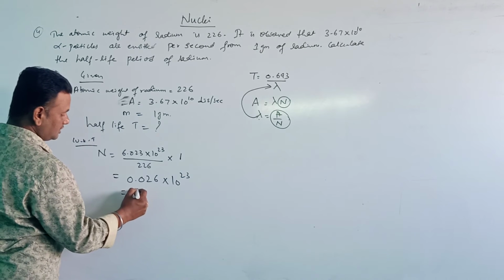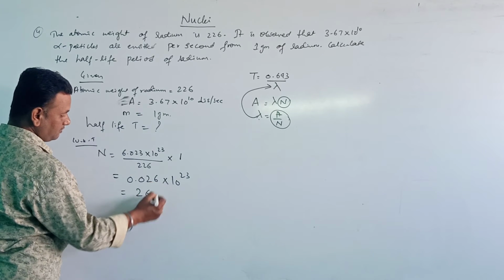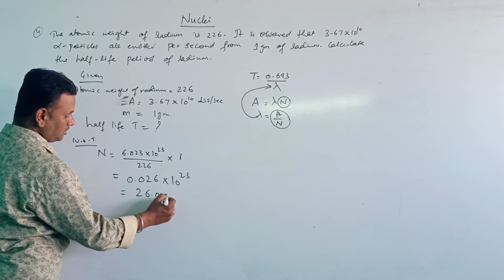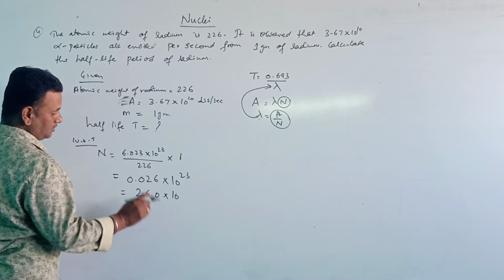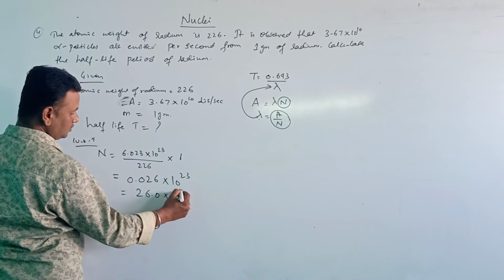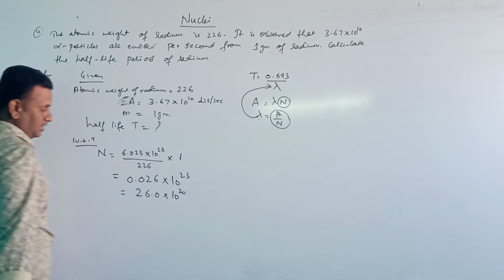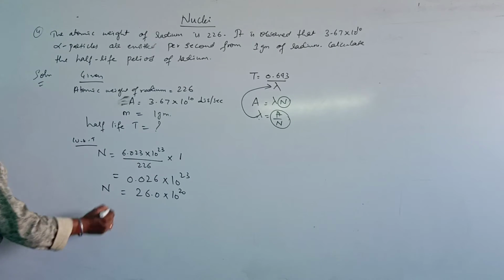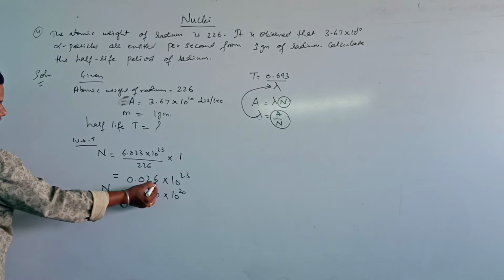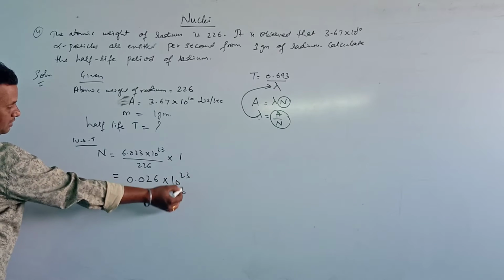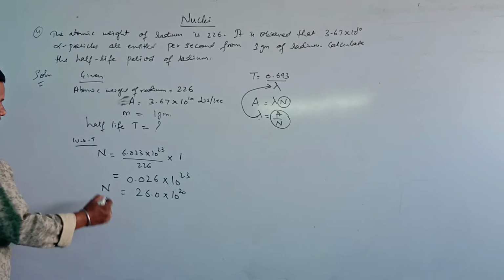Or you can also write this as 26.0 into 10 to the power of 20. If I shift this decimal point, it becomes 20 here. So that is the n value.